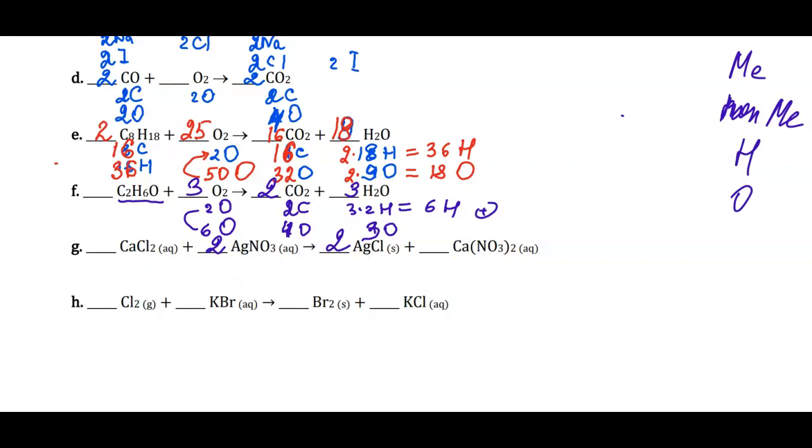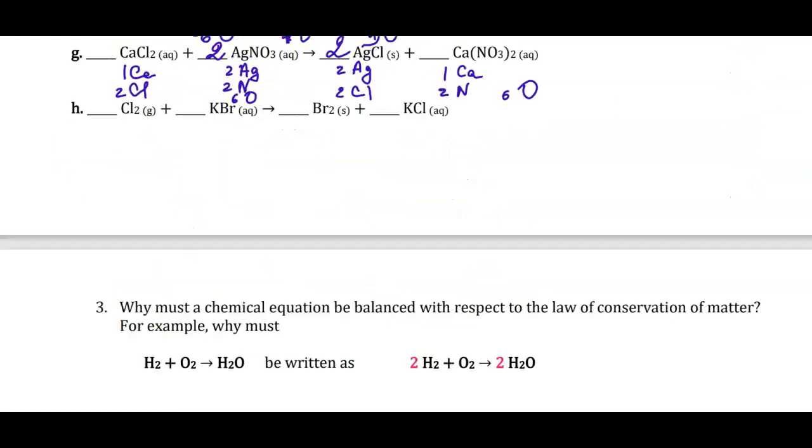Okay, so calcium 1, chloride 2, 2 silver, 2 nitrogen, and 6 oxygen, right? 2 silver, 2 chlorine, 1 calcium, 2 nitrogen, and 6 oxygen. Are we good? Yes, it is completely balanced.